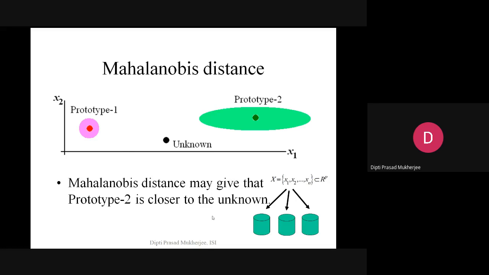And one of the very popular distances considering these kinds of distributions is Mahalanobis distance, which is a weighted Euclidean distance that can take care of the distribution of the training samples. Now, this is just to give you an idea.